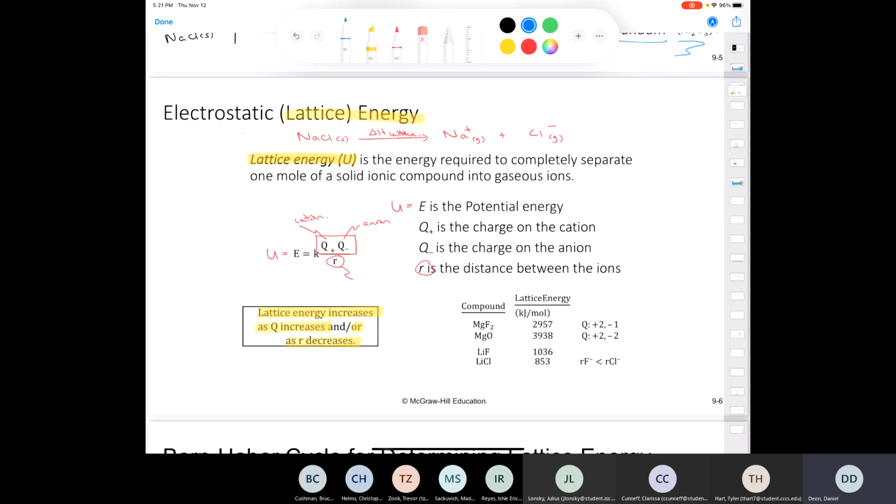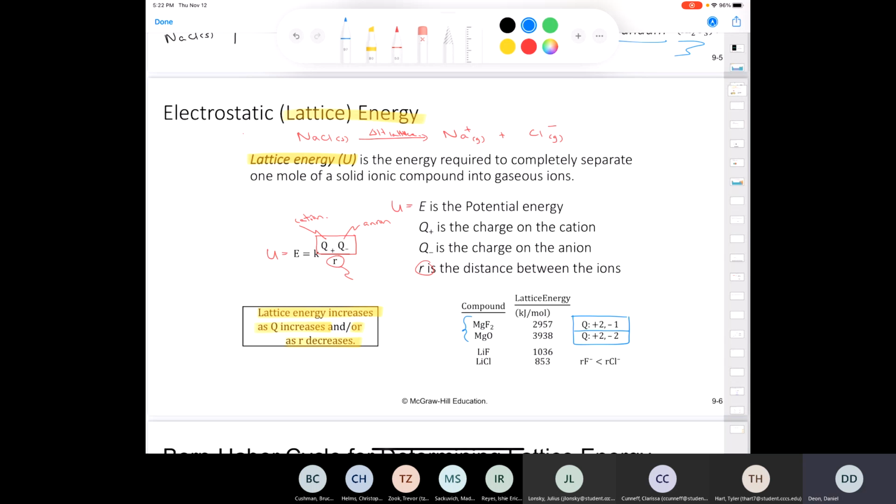Let's take a look at some comparisons here. If we compare magnesium fluoride to magnesium oxide, the charge of magnesium in both of these is +2, isn't it? But the charge of fluoride is -1, and the charge of oxide, as we just saw, is -2. That means when you plug these numbers in, whether you're looking at magnesium fluoride or magnesium oxide, you see that the numerator is going to give you a very different product, right?